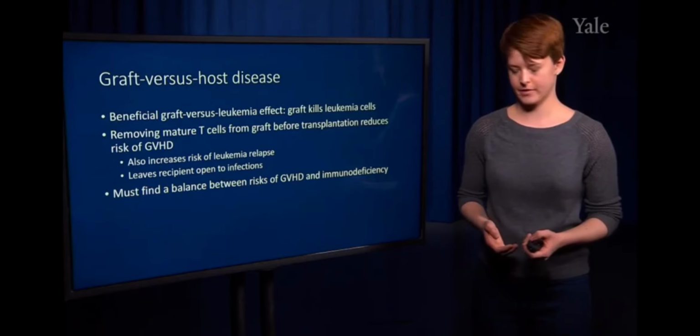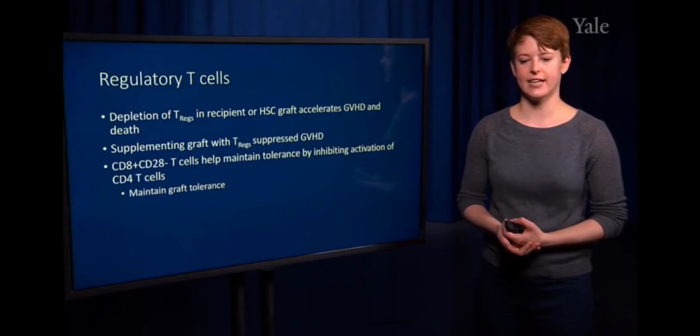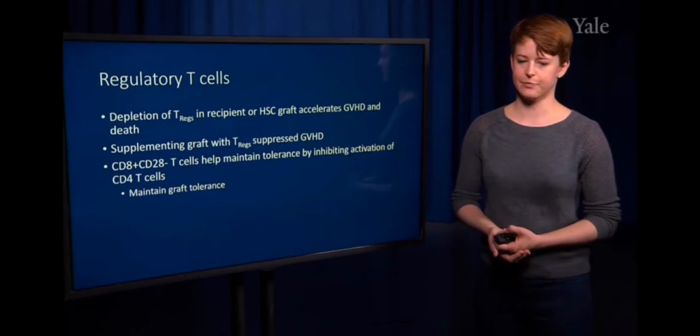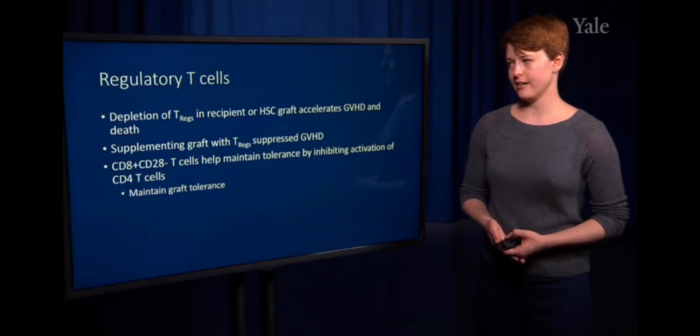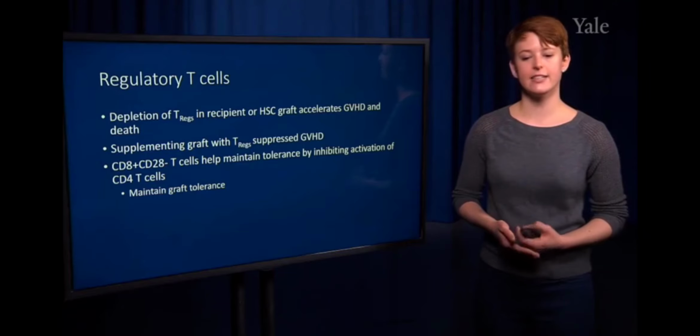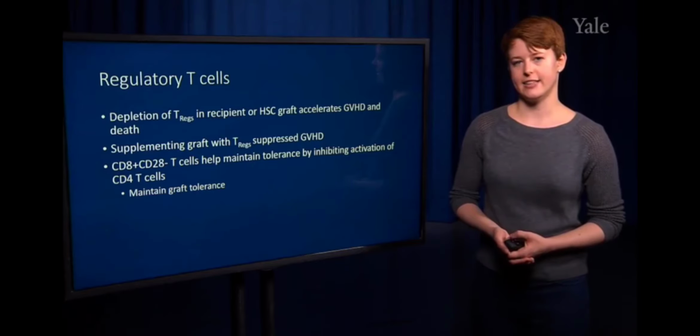So one possible thing to consider with grafts is the role of regulatory T cells. And here we've seen in mice that depletion of Tregs in either the recipient or a bone marrow graft can accelerate the development of GVHD and death.